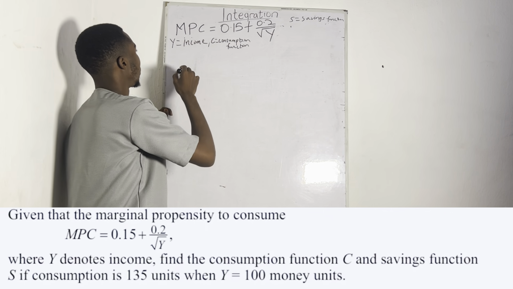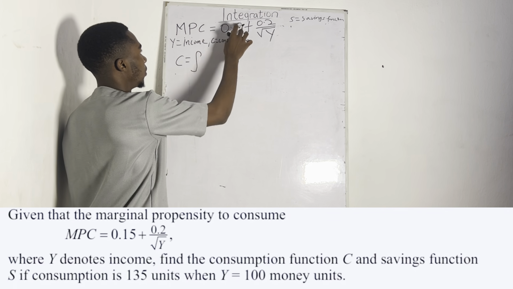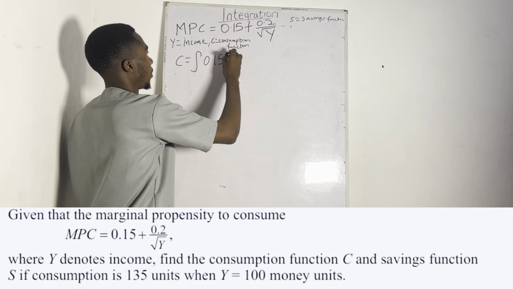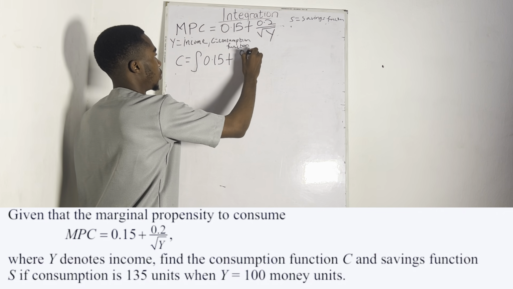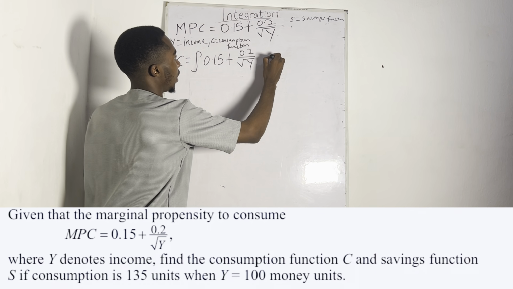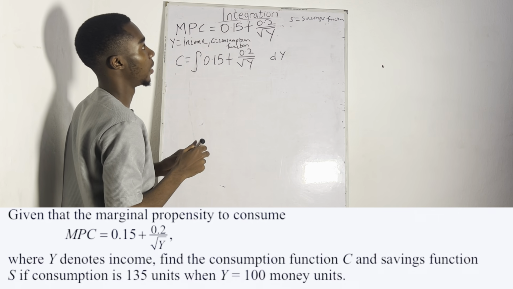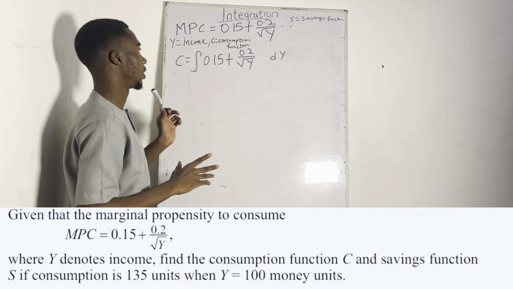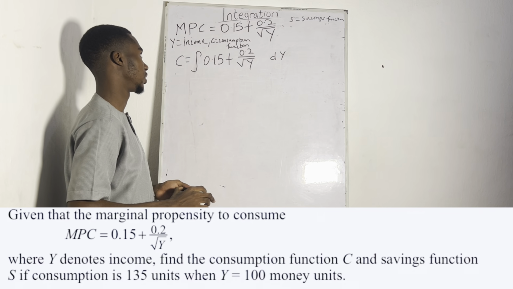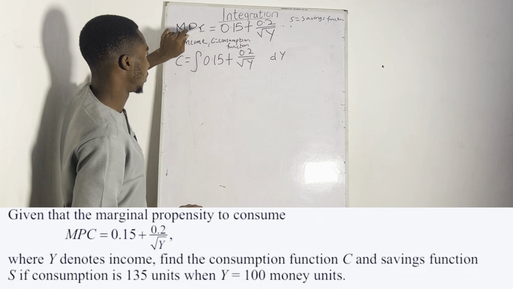So the consumption function C will be the integral of this, which is 0.15 plus 0.2 over root y. Then you bring dy to show that we are about to integrate. Do you get it? So now this is how we are going to get the C, or the consumption function. We want to find the C. They said C is the consumption function, and we want to find it.